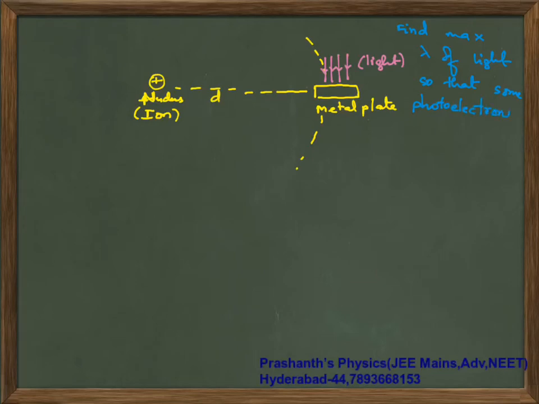Some photoelectrons go in a circuit. So look at the physics ideas and your job will be done. This question is also not at all tough, you will be able to do it. Come on, try it.